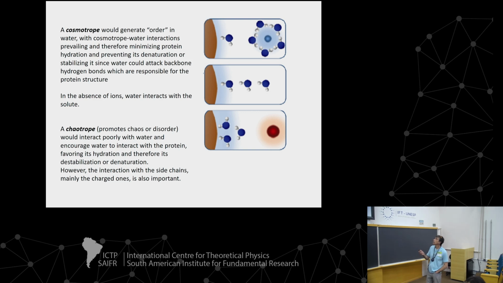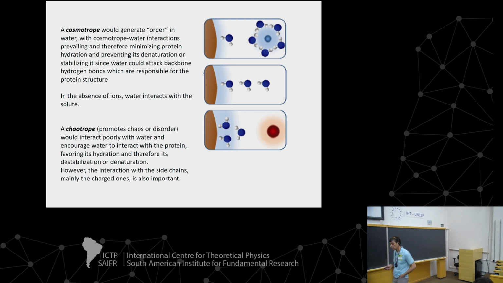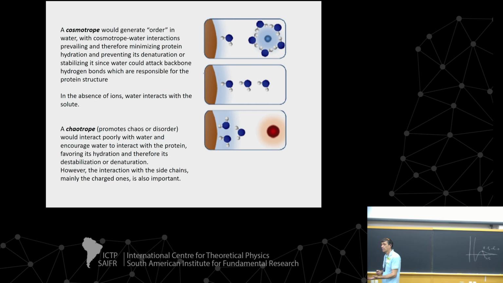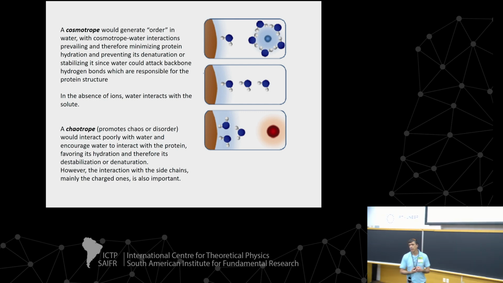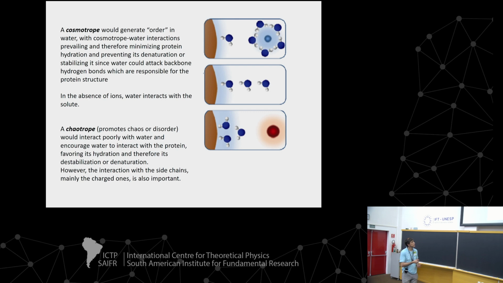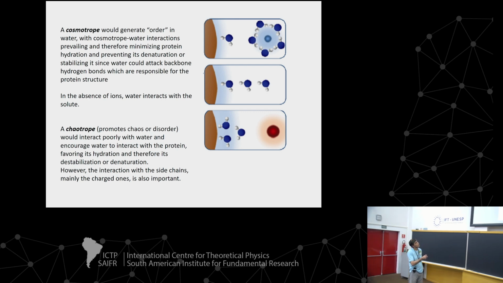And so this preserves the integrity of the globular protein, since the water molecules can attack the surface of the protein and can fight for the hydrogen bonds that sustain the secondary structure of the protein. So in this sense, if you are taking these water molecules from the protein surface, you are preserving it. And this is the role of a cosmotrope.